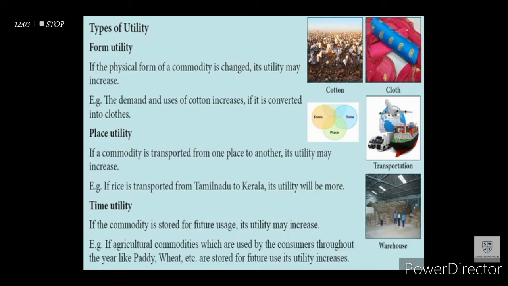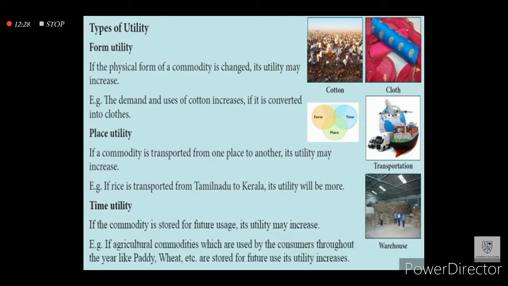Now we will see each of them. The first type of utility is form utility. If the physical form of a commodity is changed, its utility may increase. You can see cotton in the raw form as cotton balls has less demand than if it is converted into clothes.